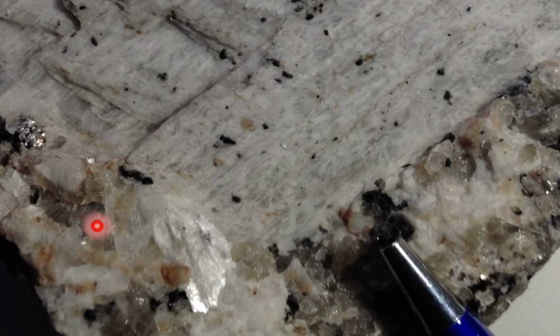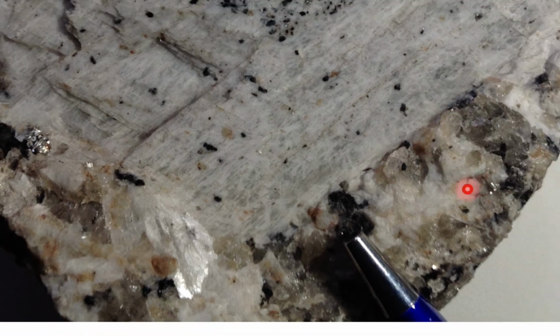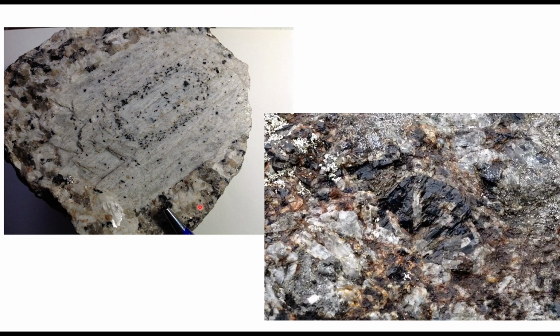And then this slightly yellowy, vitreous looking stuff here, through here, these are the quartz crystals. And so you can see it's mainly feldspar, quartz, and then very minor amounts of mica. Okay, so that's a granite.